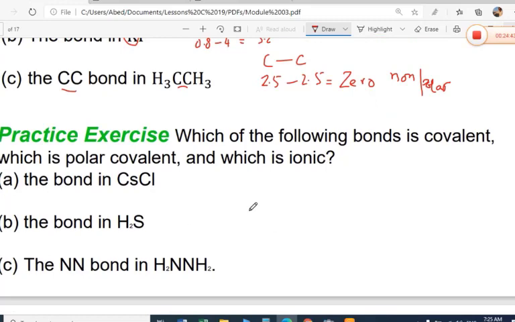Now see the practice exercise, cesium and chlorine. So cesium, let me write here, the bond with the chlorine. How much is the cesium and chlorine?